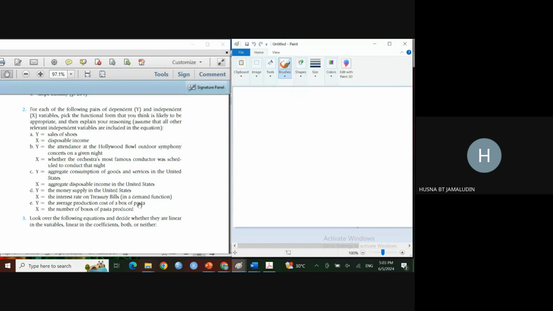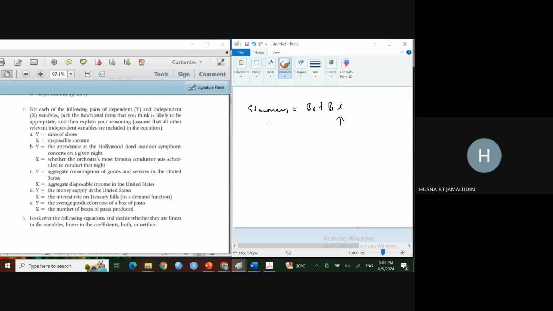Number D, the money supply in US and the interest rate. So this is the supply of money. It's a function of, better one is interest rate. So what do you think? Higher the interest rate, what happened to the money supply?